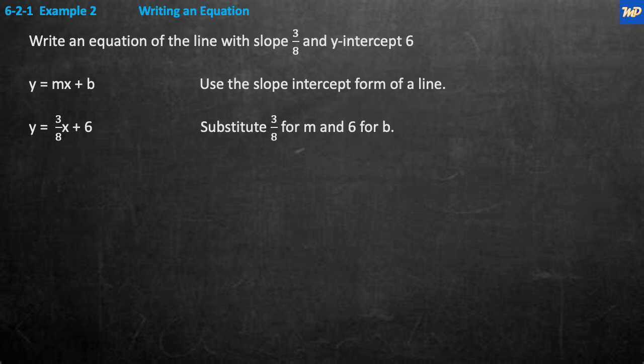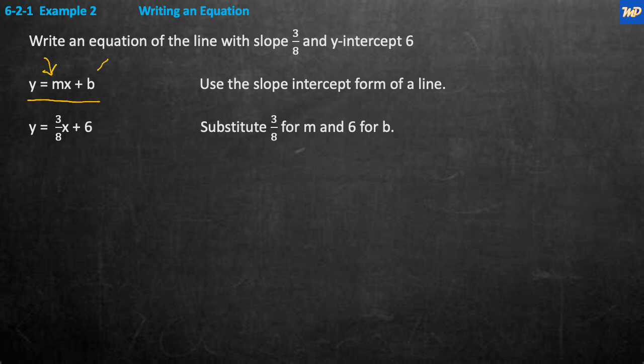Okay, example 2, writing an equation. So now it says write an equation of the line with the slope of 3/8 and the y-intercept of 6. So this is basically just going in reverse from what we just did in the previous slide, right? So we're going to write the slope-intercept form of the line, and it's right here. Y is equal to mx plus b. M is the slope.